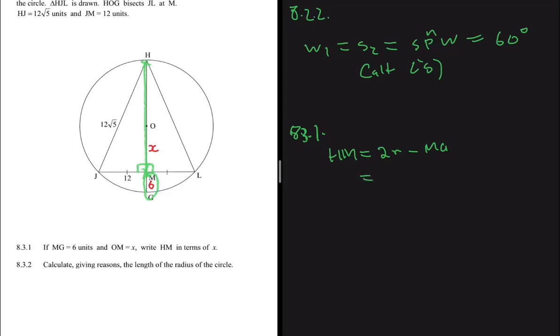But what is the radius? We have OH as the radius, right? But then OG is also a radius. So let's write the radius in terms of OG. If we write the radius in terms of OG, it will be x plus 6, right? From here at O to M and from M to G, it will be x plus 6.